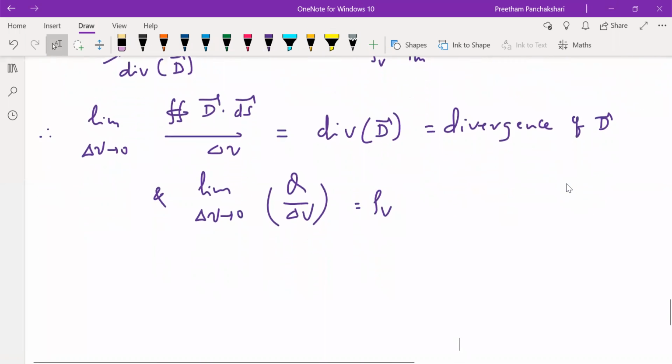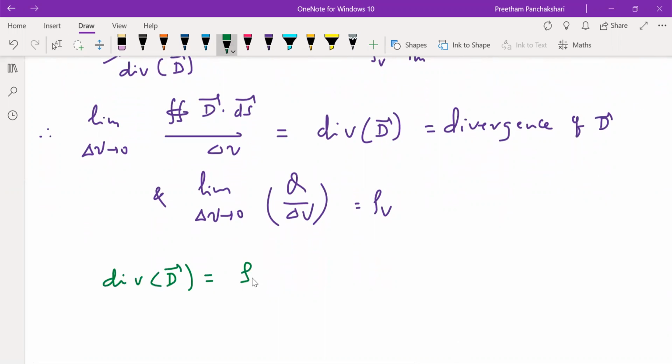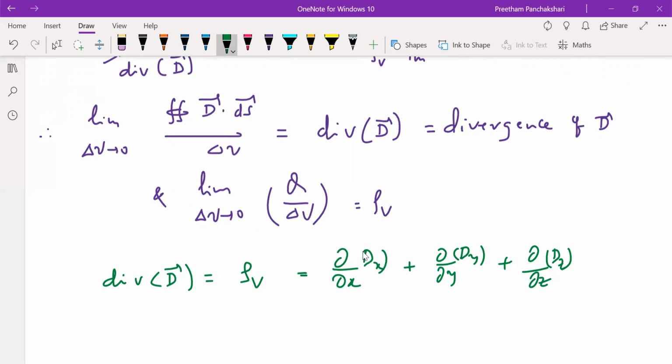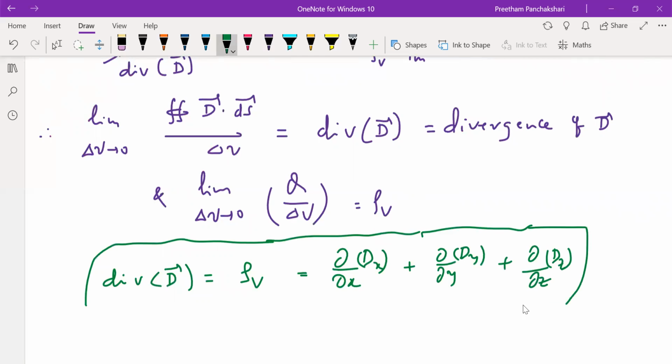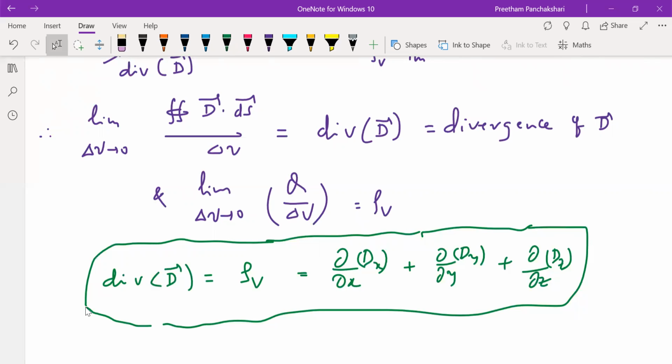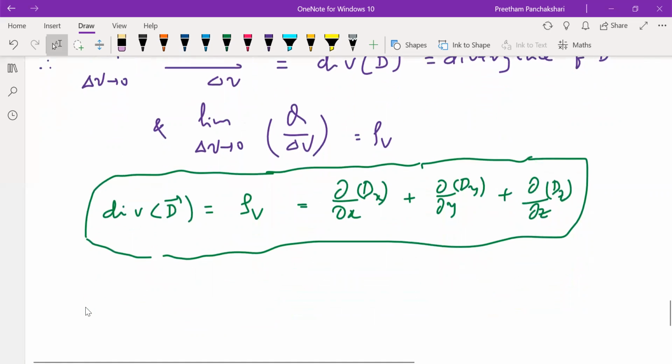So finally, we got a relation: divergence of vector D is equal to rho v, which is also equal to the sum of partial differentiations of the components of vector D. We have this useful equation. This relation can be used to find the divergence of electric flux from a point.